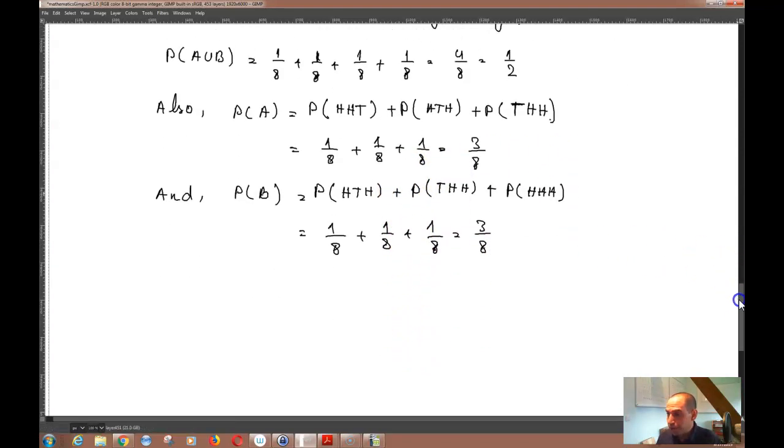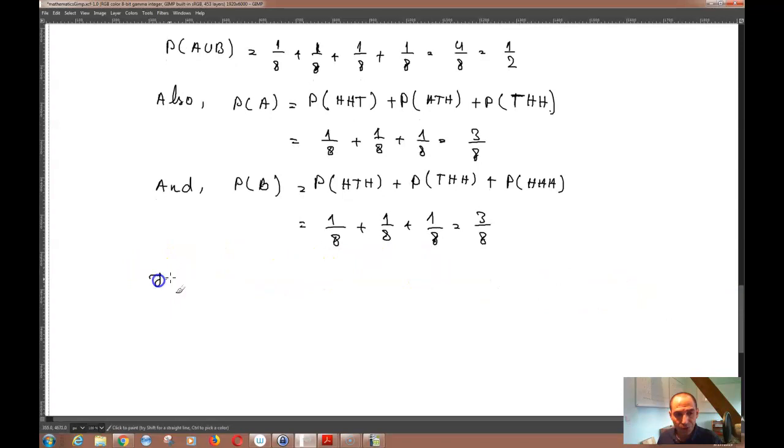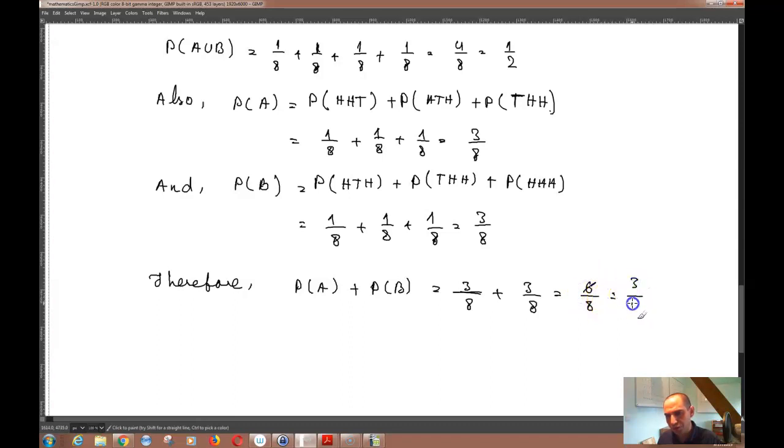Therefore, you can say that P of A plus P of B is equal to 3/8 plus 3/8, which is equal to 6/8, which is equal to 3/4.